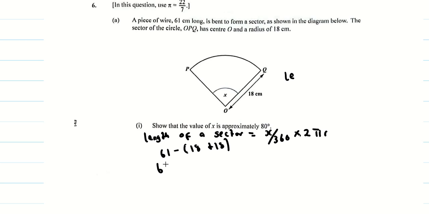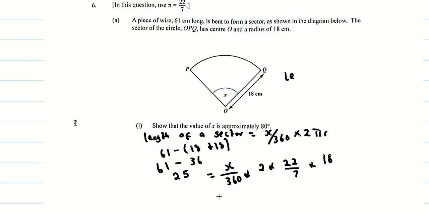So it's 61 subtract 36, which I believe is 25. So the length of the sector is 25. So 25 is equal to x over 360 multiplied by 2 multiplied by 22 over 7 multiplied by your radius, which is 18.